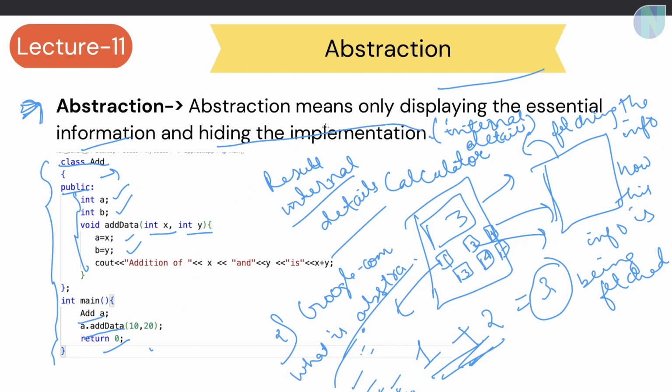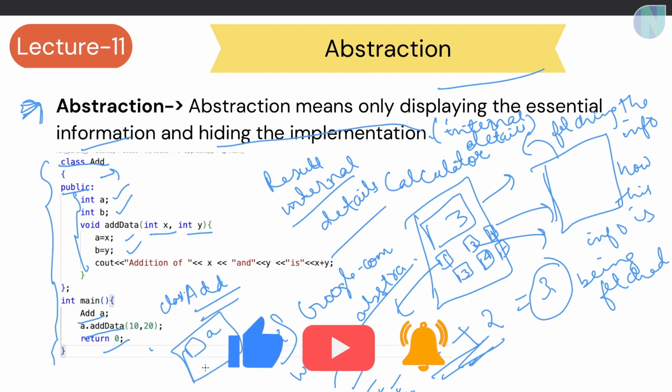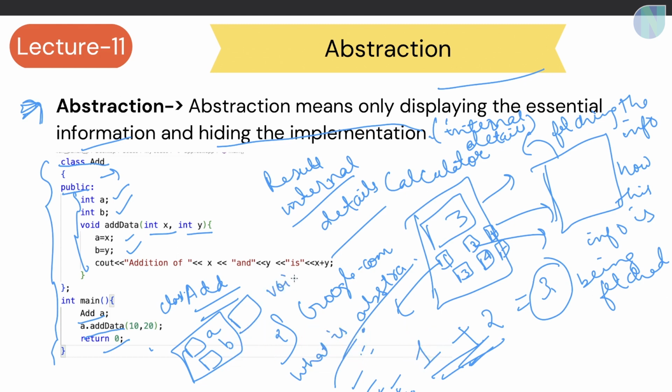Also what we can do is, basically this is the add class, and this particular class has a, b, and then void add data.